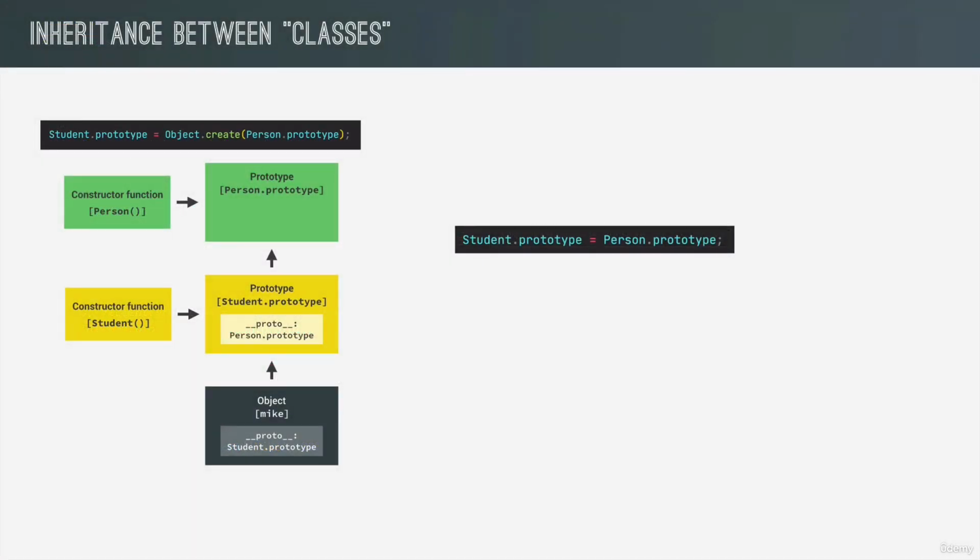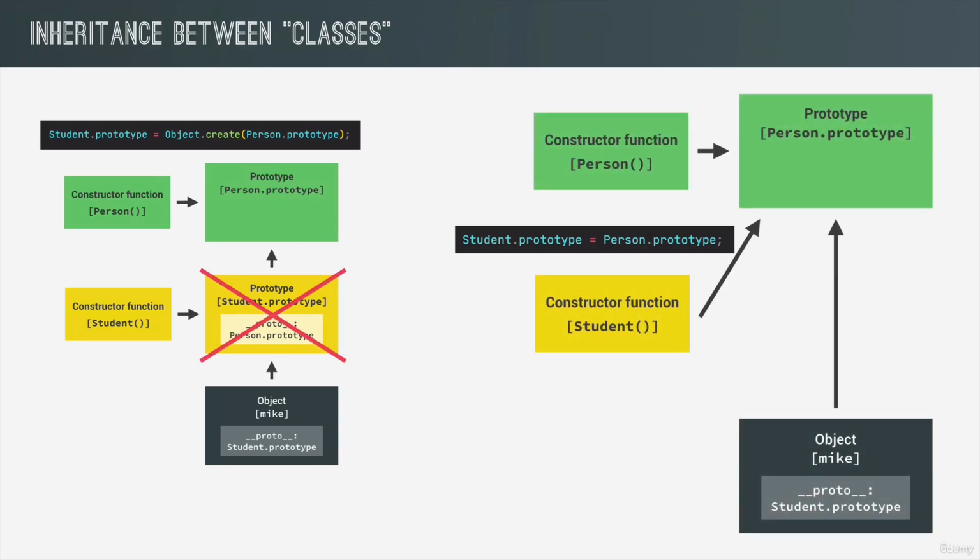So if we do student.prototype equal to person.prototype, then we will not end up with the prototype chain that we need. Instead, we would end up with this, which is a completely wrong prototype chain. And that's because here we're actually saying that the student's prototype property and the person's prototype property should be the exact same object. But in fact, that's just not what we want.